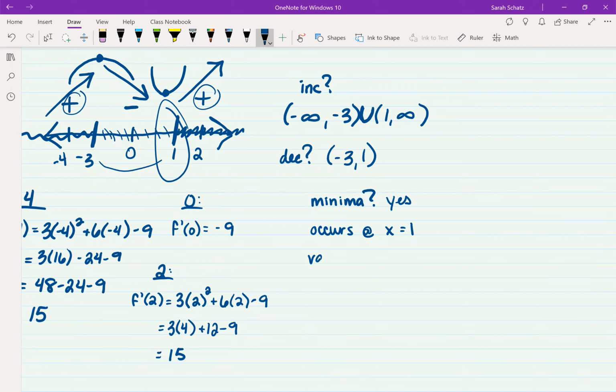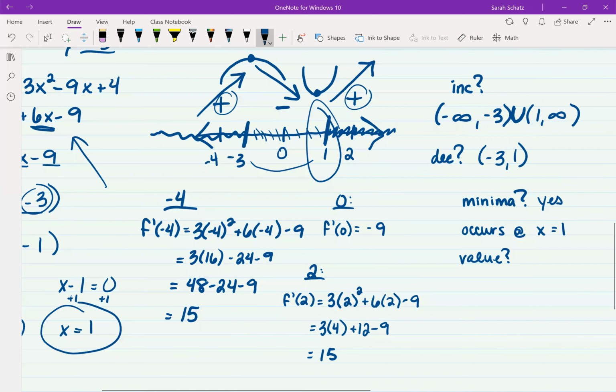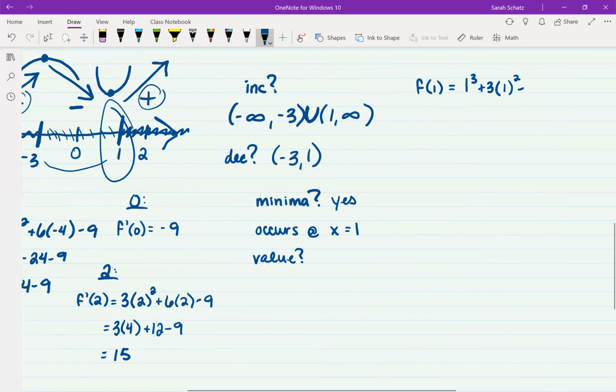What is the minimum value? Well, I don't know, but I can take this +1 and put it into my original function. So it was 1 cubed plus 3 times 1 squared minus 9 times 1 plus 4. So remember, when you're looking for the actual min and max values, you put your critical point x's into the original function.